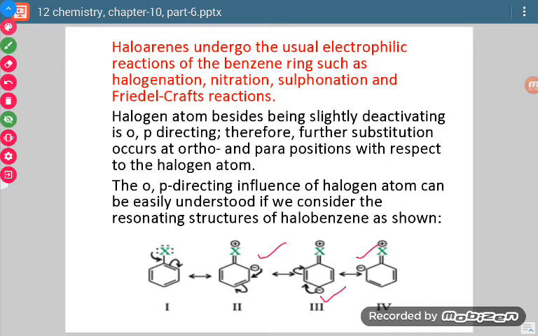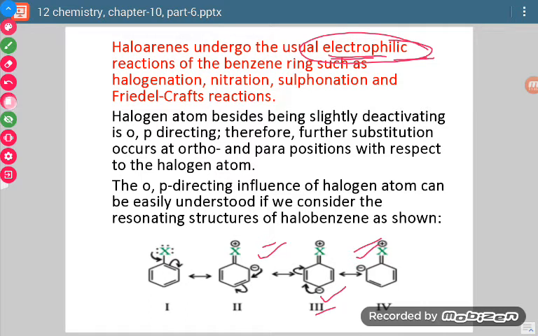Since it is an electrophilic substitution reaction, there will be substitution by an electrophile, which is an electron-loving species. So the electron-loving species will be attracted towards these positions. Since electron density is more at the ortho and para positions, during this reaction the incoming electrophile will be attached at the ortho or para position.